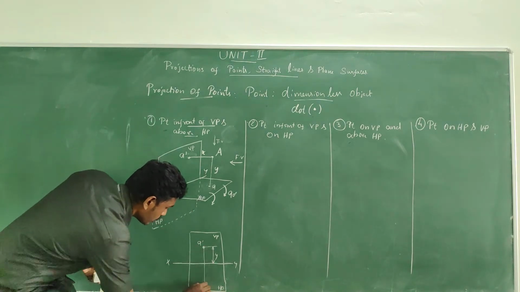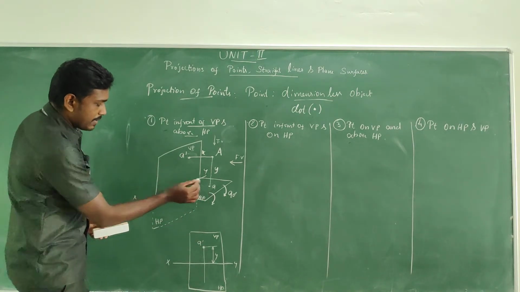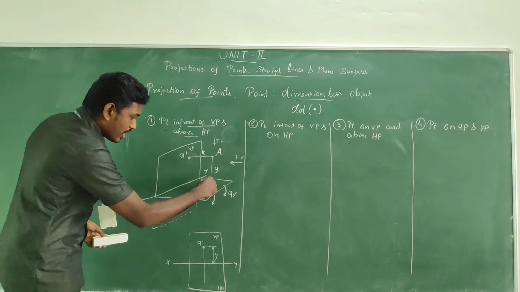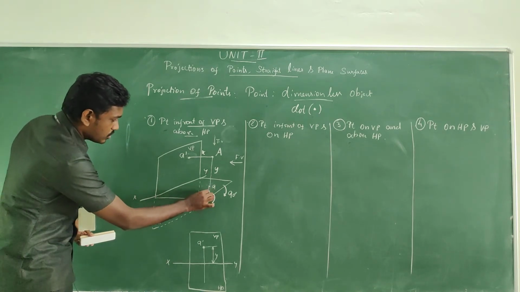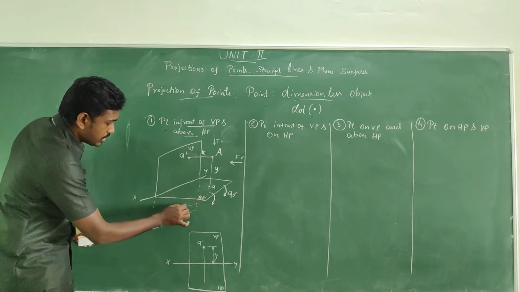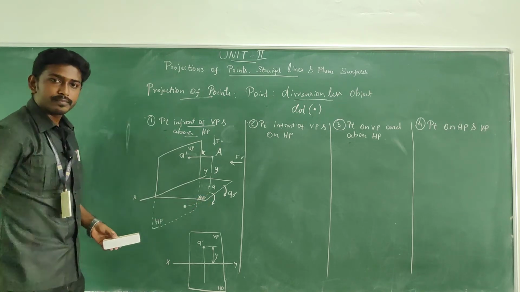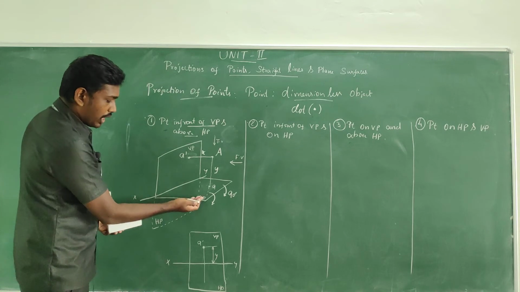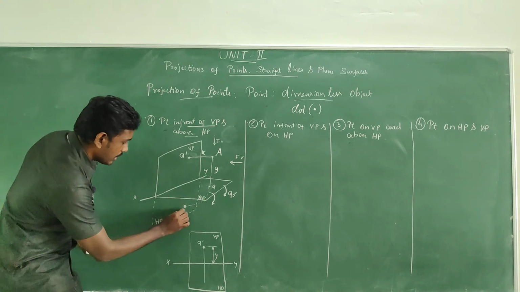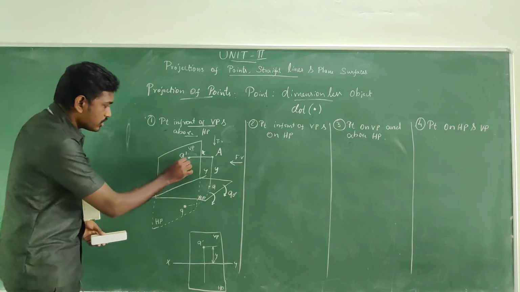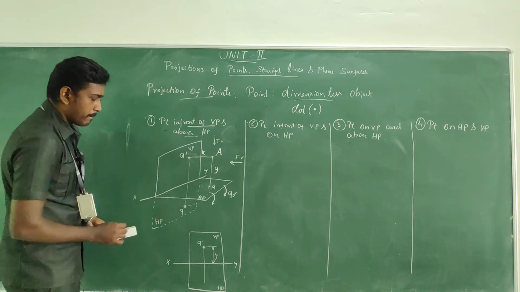Take the projector to the plane HP in order to represent the A. While you are turning, think about where this point is captured. When you are rotating along with the HP plane, the point will be in this place. Okay, so this is the position.